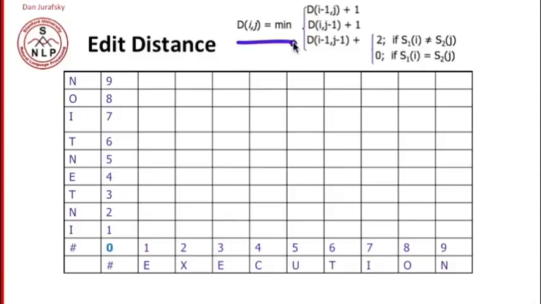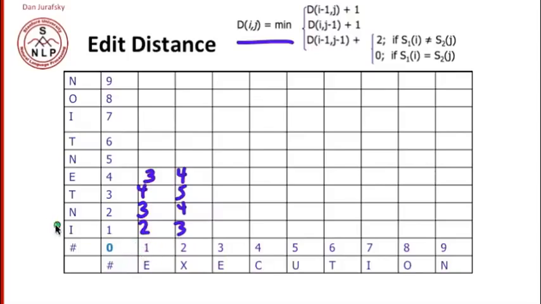Again, I've given you the equation for each cell in edit distance. And if we put in some of our values that we saw earlier, all right, so we can ask, how did we get to this value 2? We pick the minimum of 3 values.